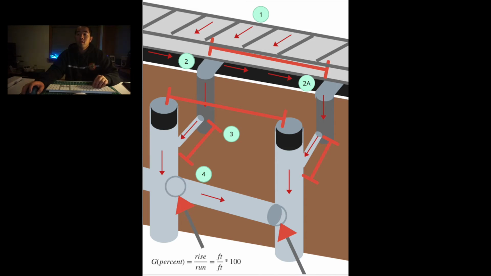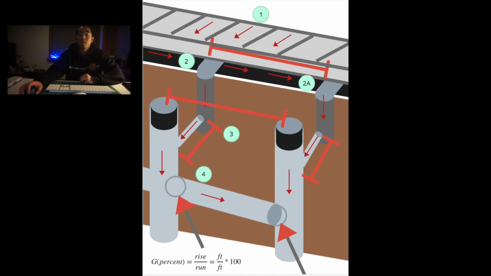Okay, so if you look at this diagram, it's a great example of how slopes and grades go into our city planning and city streets. Basically, the whole idea is that these streets are designed for water runoff to escape the sidewalk and go into the catch basin.